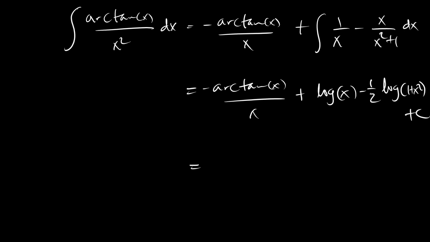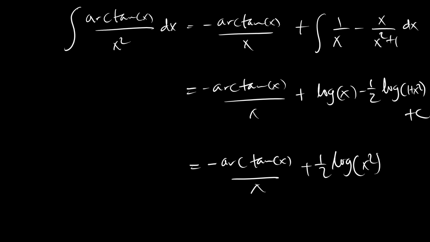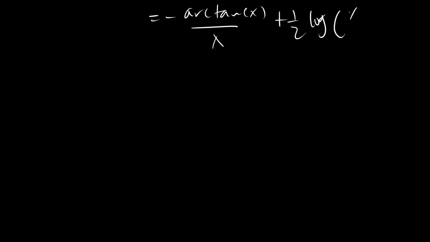And so we can now rewrite this as log x squared minus a half log 1 plus x squared plus c, which means that it is equal to arctangent of x over x plus a half log of x squared over 1 plus x squared plus c.